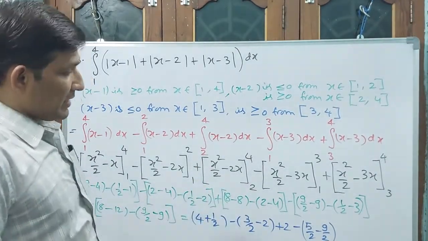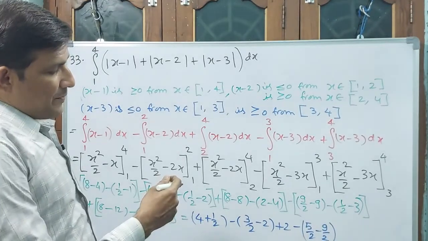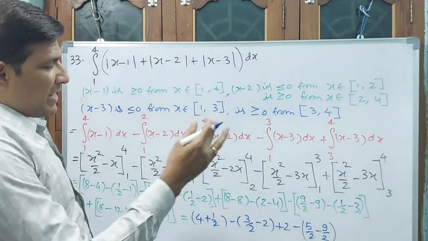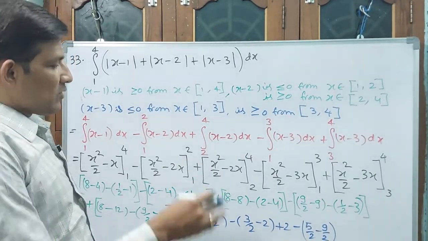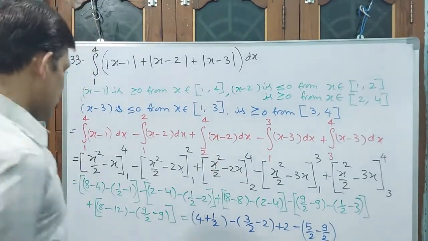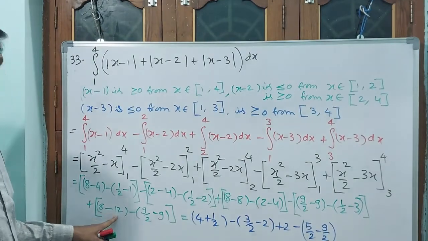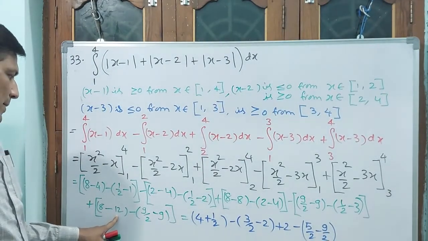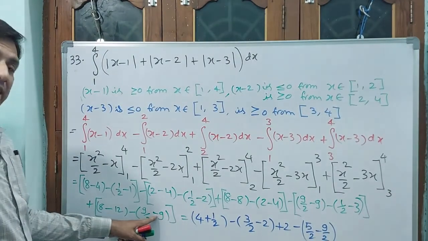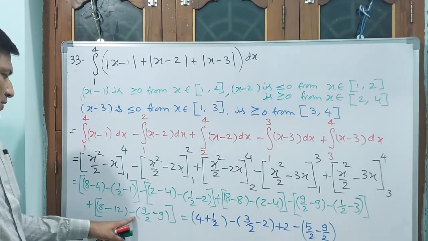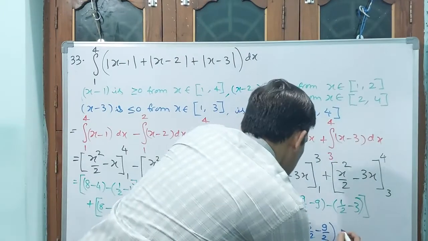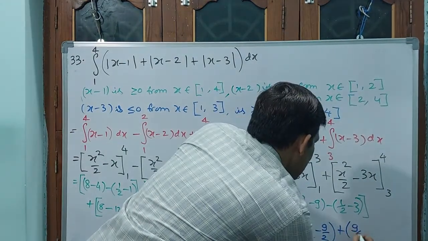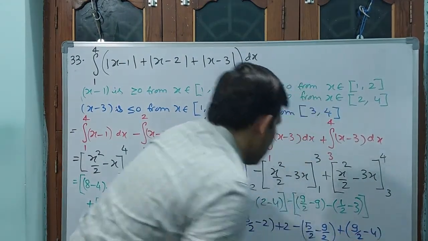But that is, see, 1 minus 6 minus 5 by 2. Minus of minus 5 by 2 is plus 5 by 2. Outside minus is there. What about this? 8 minus 12 is minus 4. Minus 9 by 2 plus 9 by 2 minus 4.